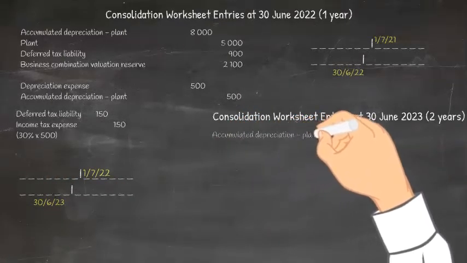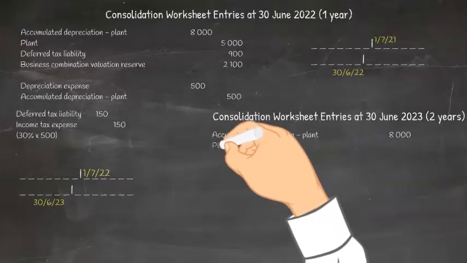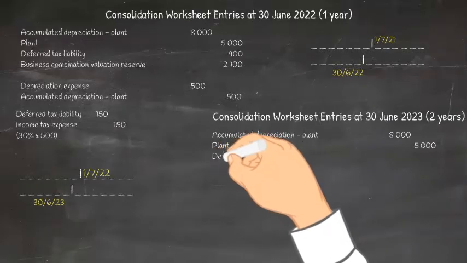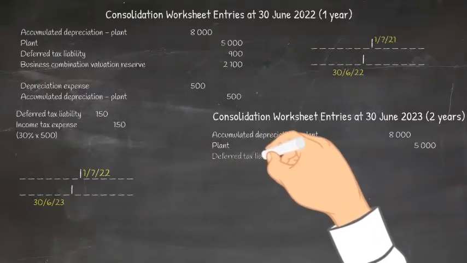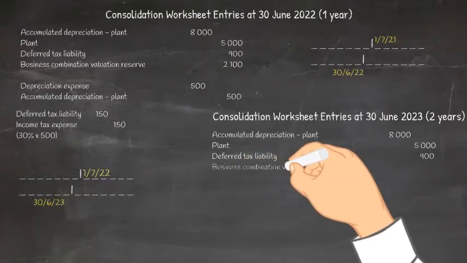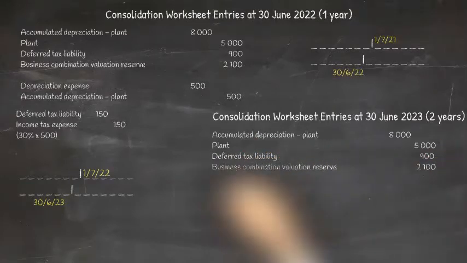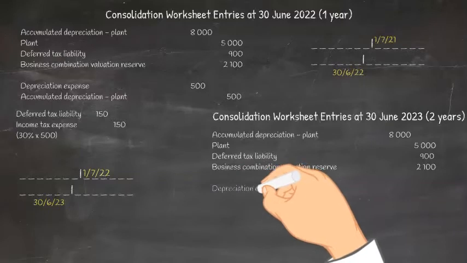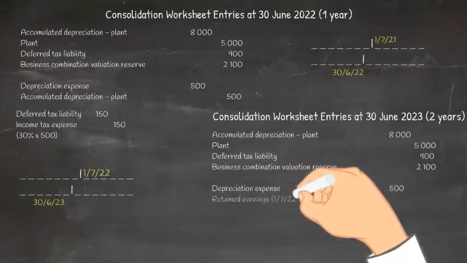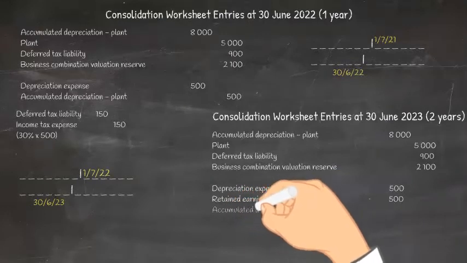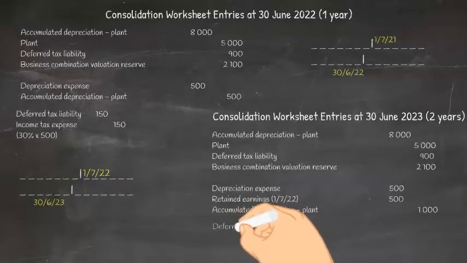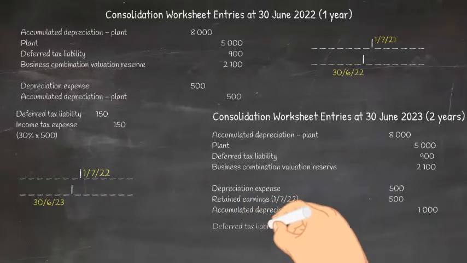However, the opening retained earnings needs to be adjusted as the previous year's depreciation expense will have reduced the profit, hence the closing retained earnings. Then the tax entry for depreciation, with an adjustment to opening retained earnings as well. Remember that the date for opening retained earnings must be included.